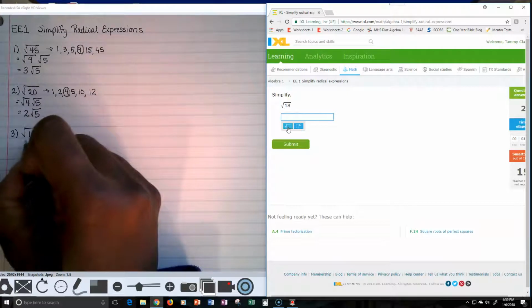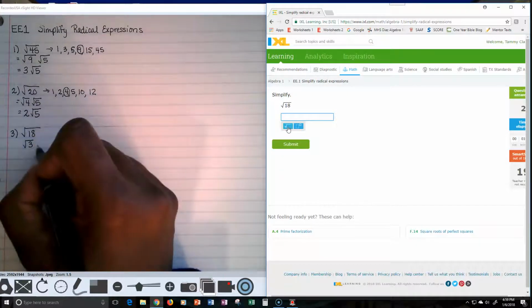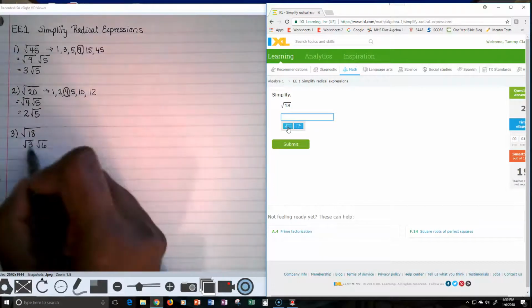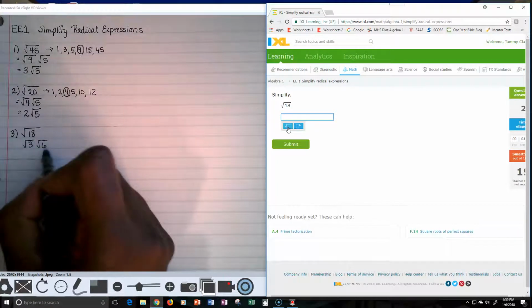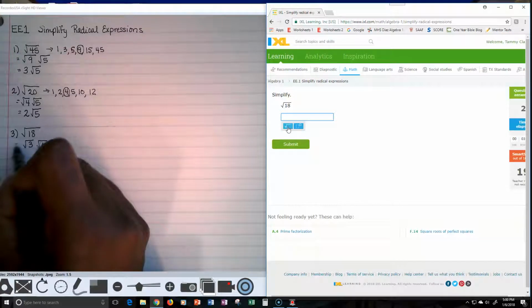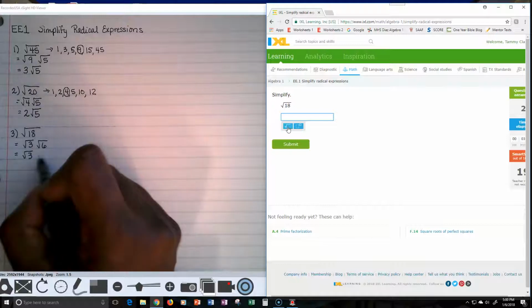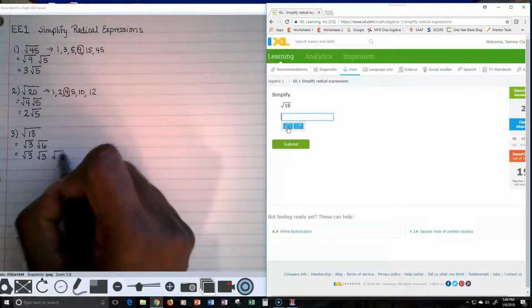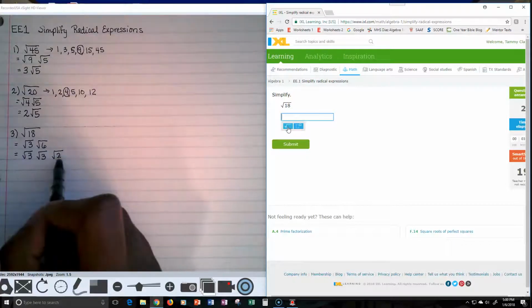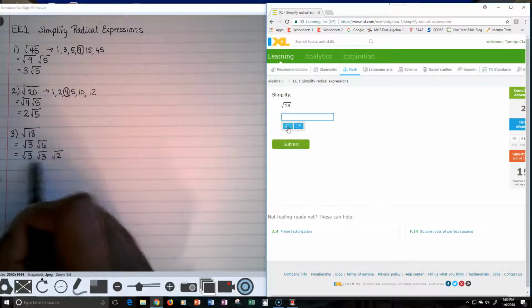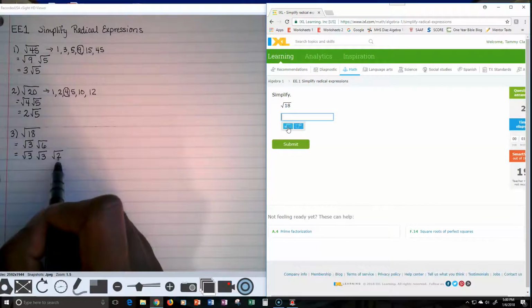So I could say, okay, well, I'll take the square root of 3 times the square root of 6. Well, the square root of 3, I can't go any lower than that, but I can break down the square root of 6. So that becomes the square root of 3 times the square root of 3 times the square root of 2, because that gives me 18. This is 3 times 3 times 2, which is 18.